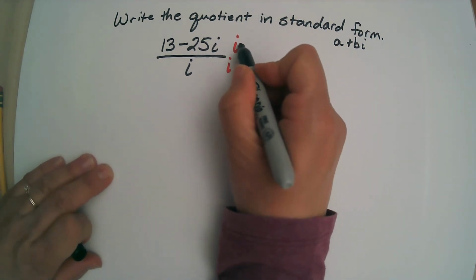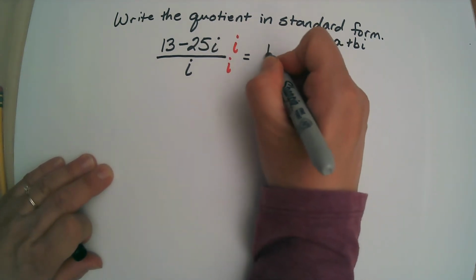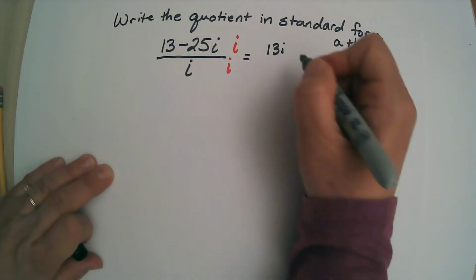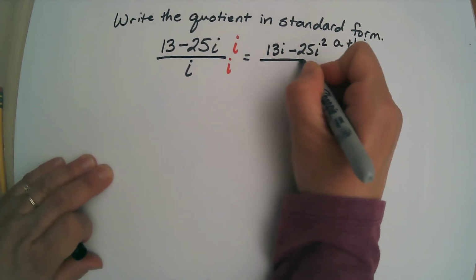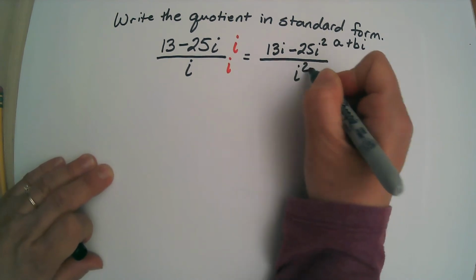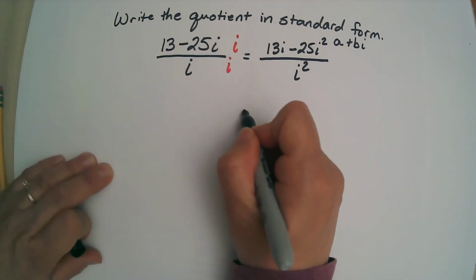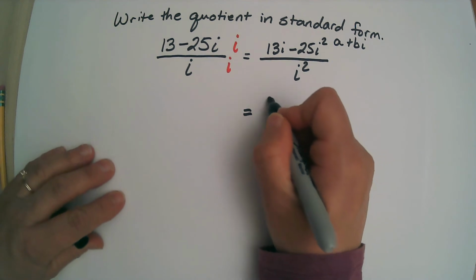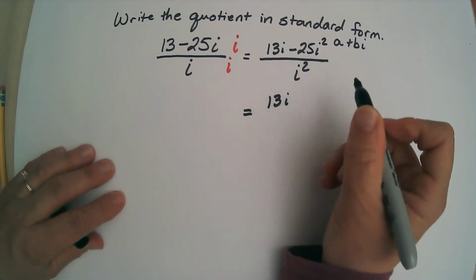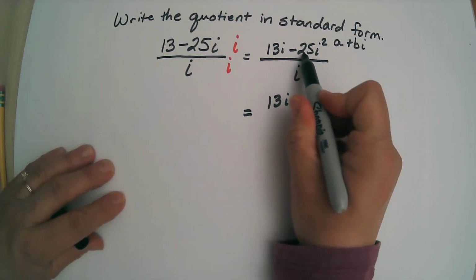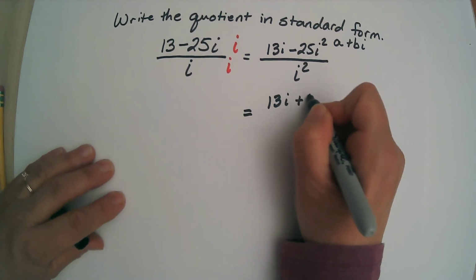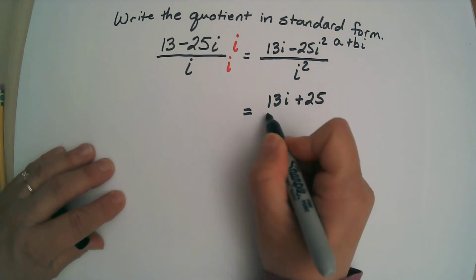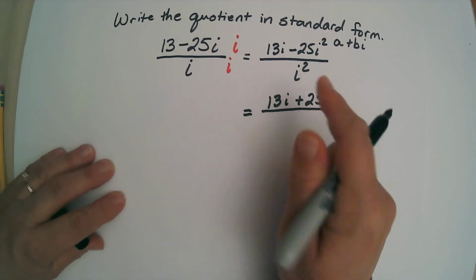So in the numerator, we're going to distribute the i. So we'd have 13i minus 25i squared. And in the denominator, we have just i squared. If we simplify, that means we have 13i. Now let's see, this is negative 25 times negative 1, so why don't I just write that as plus 25 over negative 1.